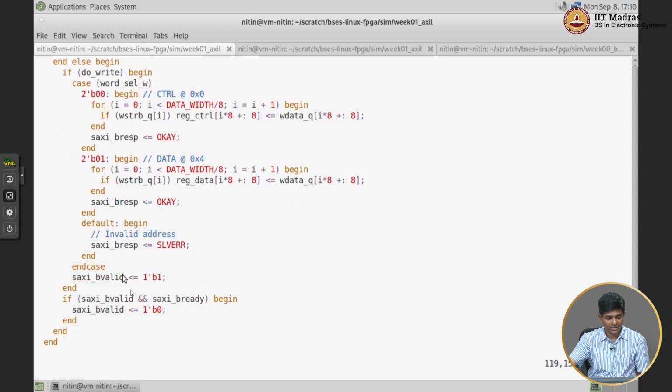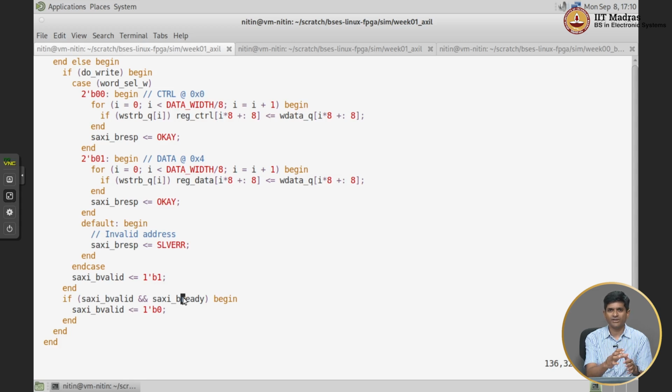The B ready signal comes from the manager. If this handshaking has completed, immediately make B valid equal to 0. Okay, so on the next clock cycle, it will make the B valid signal once again equal to 0.